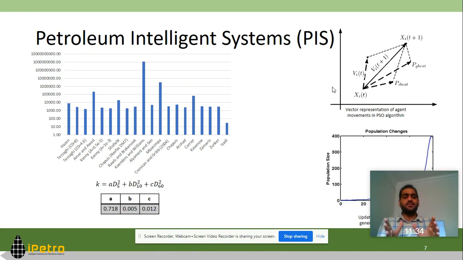And I used a genetic binary particle swarm optimization algorithm as an intelligent algorithm for optimizing the coefficients A, B, and C to minimize the difference between the real permeability measurements and the permeability predicted using this correlation.